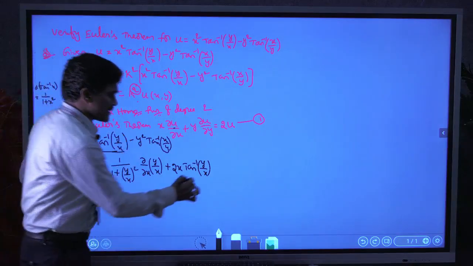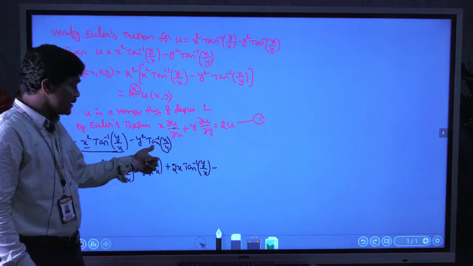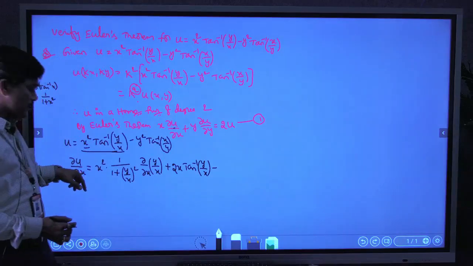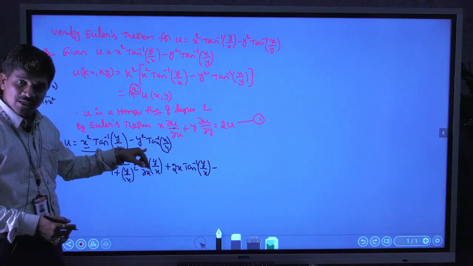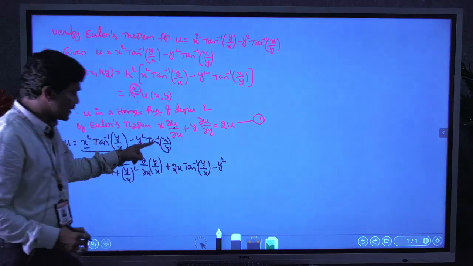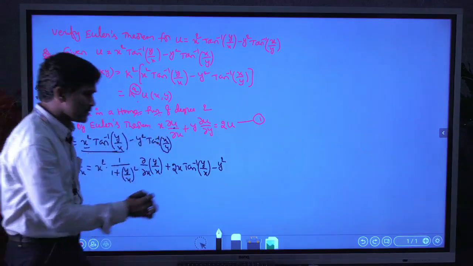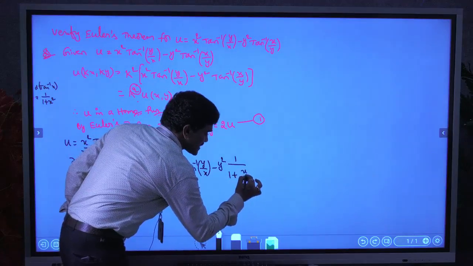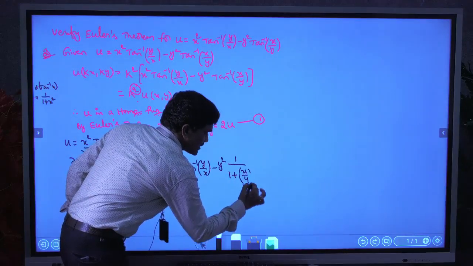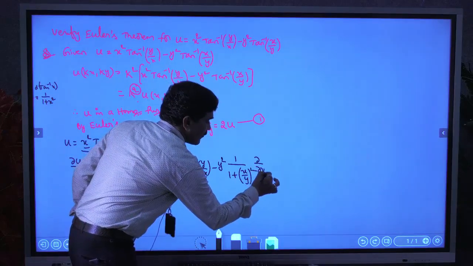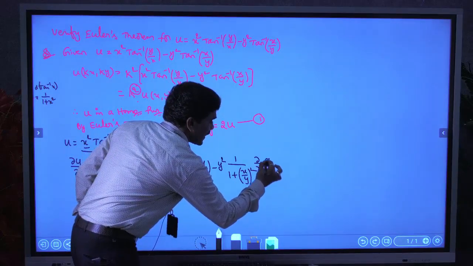Now minus y square into tan inverse of x by y. Here with respect to x, y square is constant. The derivative of tan inverse x is 1 by 1 plus x square, with x by y in place of x, and again the derivative of x by y.